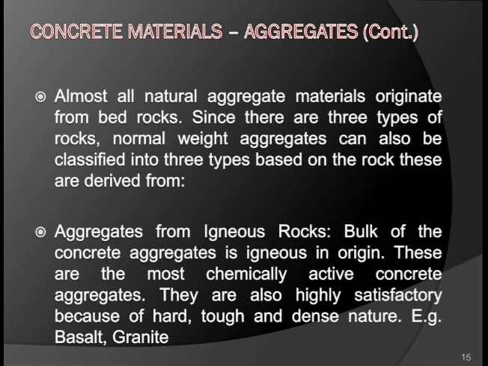These are the classification of natural aggregate based on the types of rock, right? High strength, very hard and tough. Examples are basalt and granite.